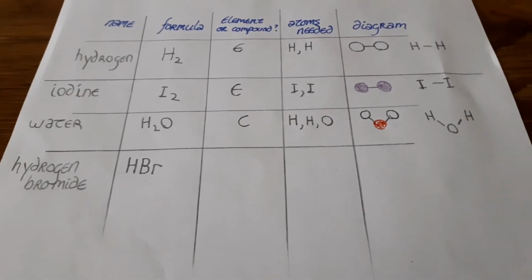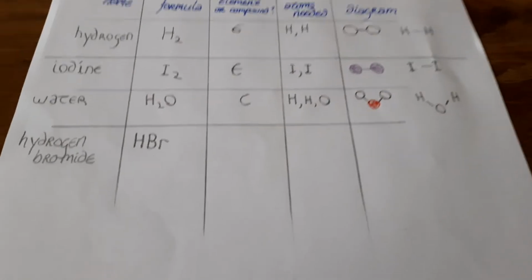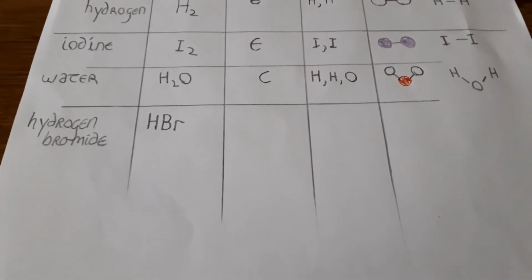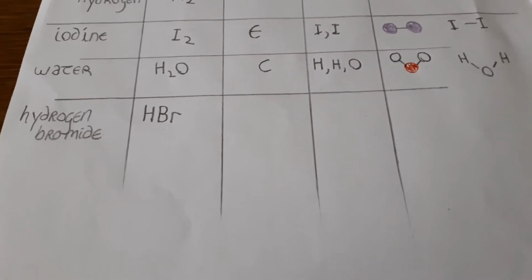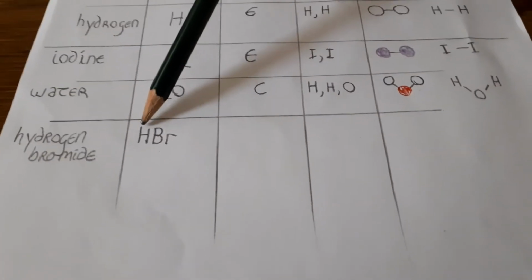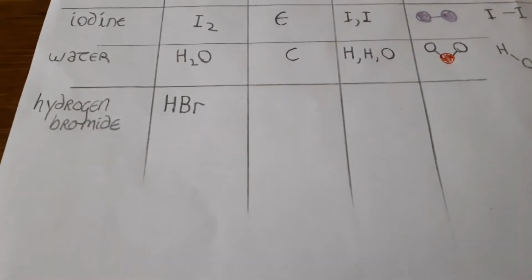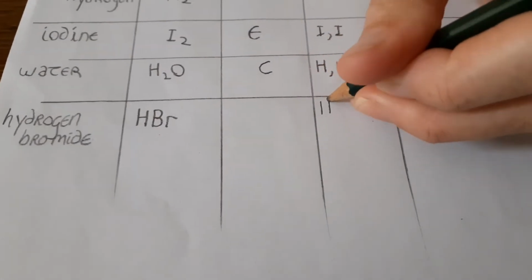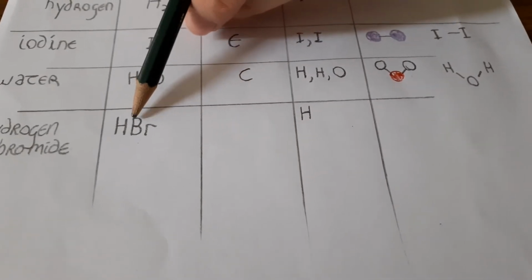Now, can I just point out something? And I know I'm going to keep going on about it because I've taught for a few years and I've found that I do have to keep going on about it. Capital letter, start of a new element. So what's in there? We've got a capital H, hydrogen. Next letter's a capital, it's a new element.